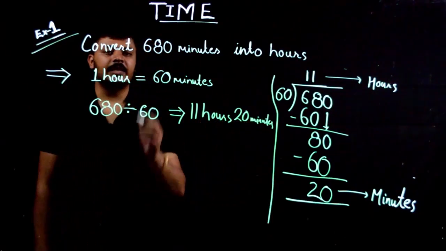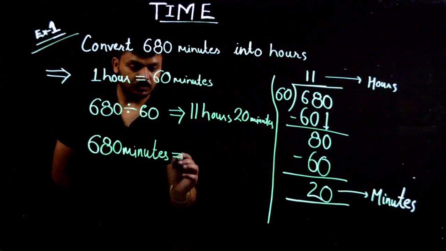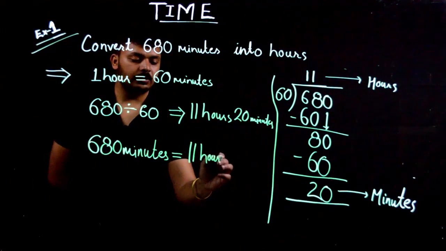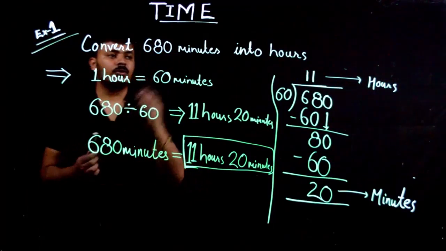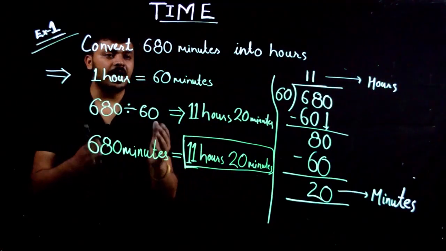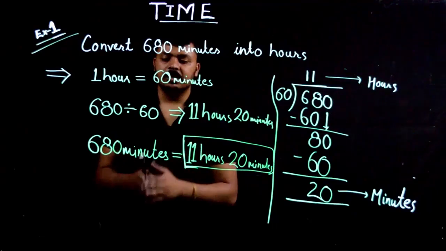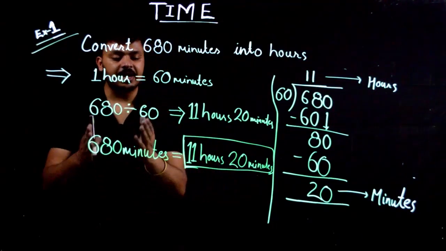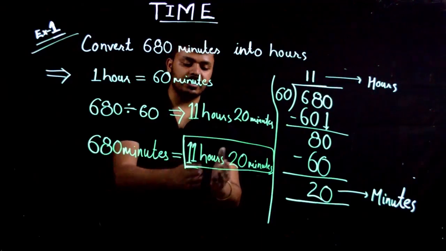So we can say that 680 minutes is equal to 11 hours 20 minutes. I hope, students, you have understood how to convert into hours. To convert minutes into hours, we need to divide minutes by 60. Here the minutes were 680 and we divided it by 60 and our answer is 11 hours 20 minutes.